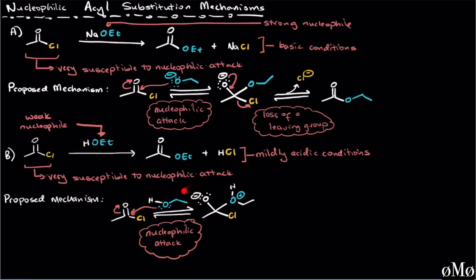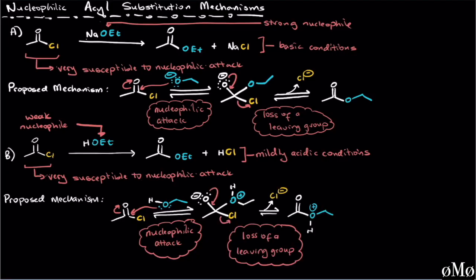You have now formed that O minus, which is really going to want to get neutralized. And you have a really good leaving group in this particular tetrahedral intermediate. So before any proton transfer can actually occur, you're going to have a very rapid loss of a leaving group, which releases the chloride to the flask and then forms this cationic product.